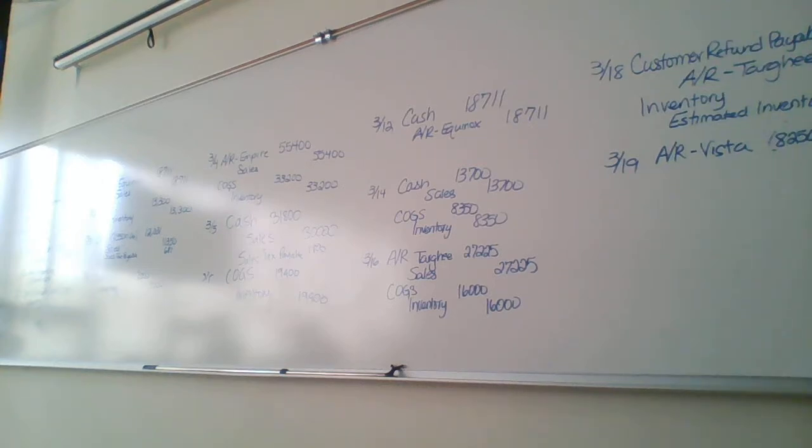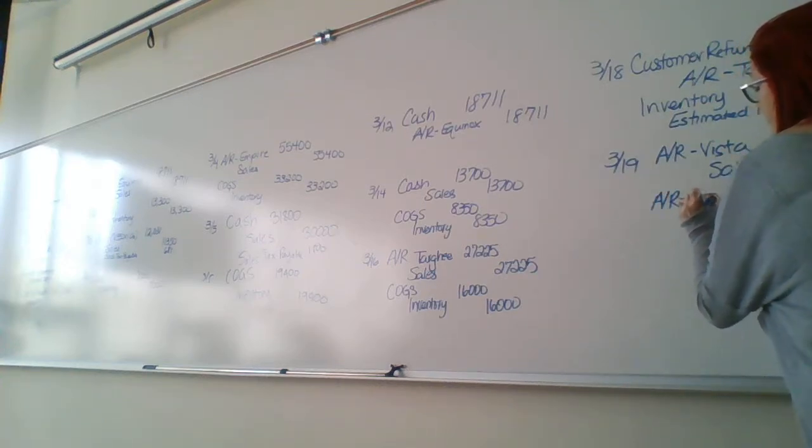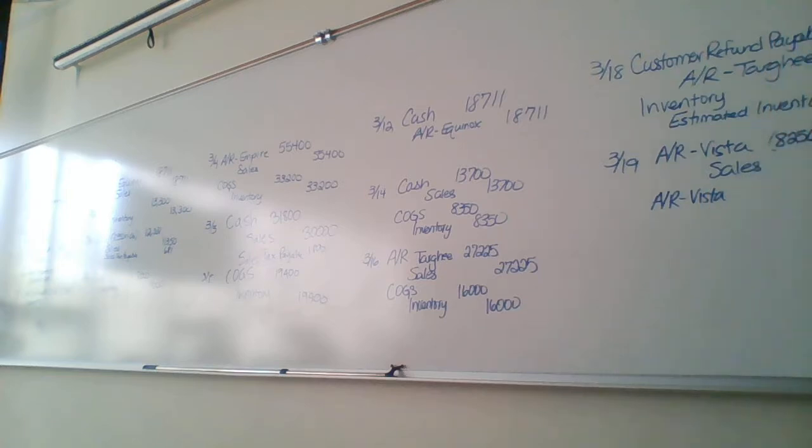The first one is the 98%, which is the 8,085, and then we're gonna have sales for 8,085. In addition, we're gonna do a separate one for that $75, accounts receivable to Vista for $75, and we're gonna put cash for that.